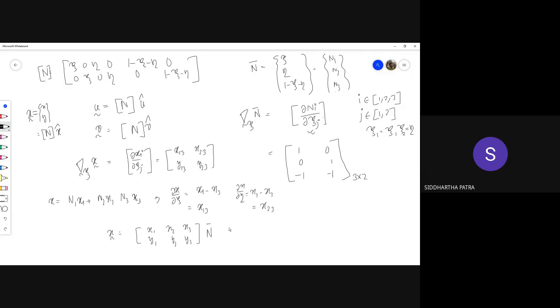Which means it is just a different representation from the earlier representation to this new representation. So x1, x2, x3 basically mean the same thing.